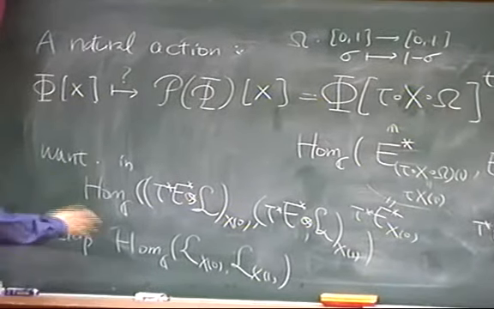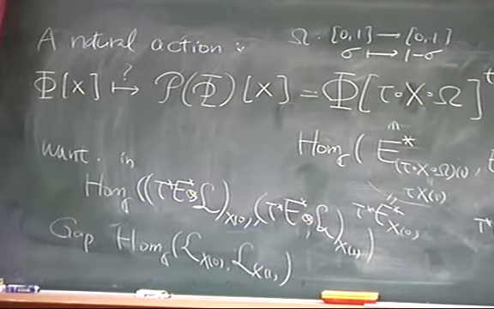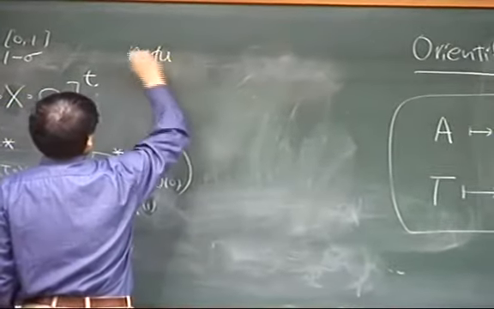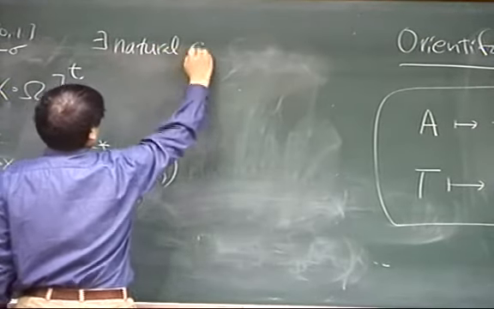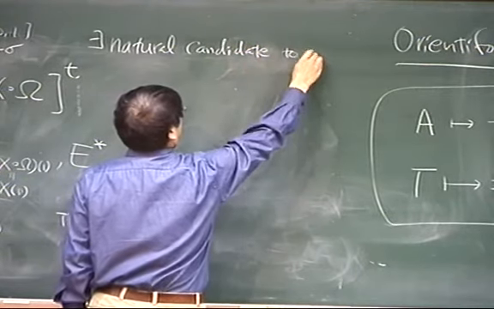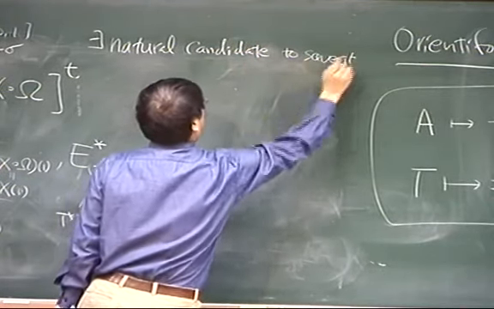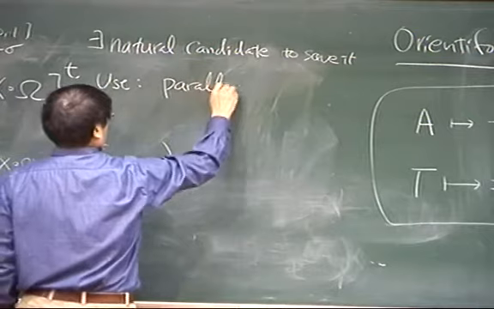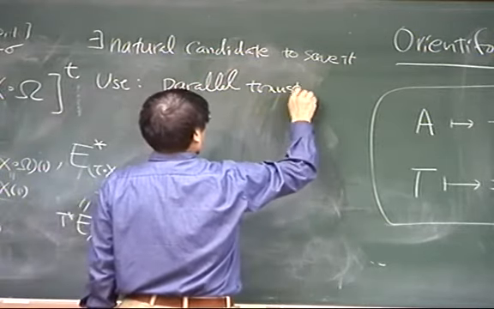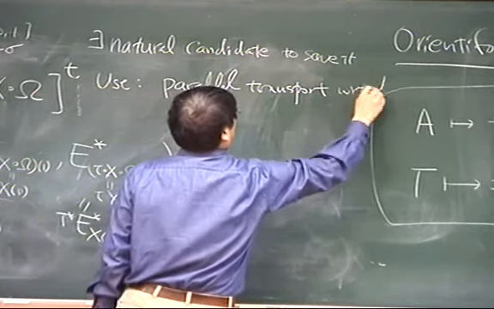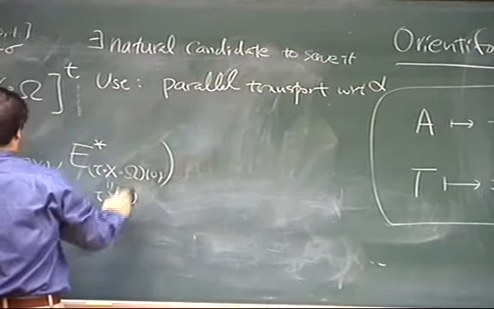Okay, but there's actually a natural thing that fills this gap, which is to use this connection. So there exists a natural candidate to save it, and this is to use the parallel transport with respect to alpha.